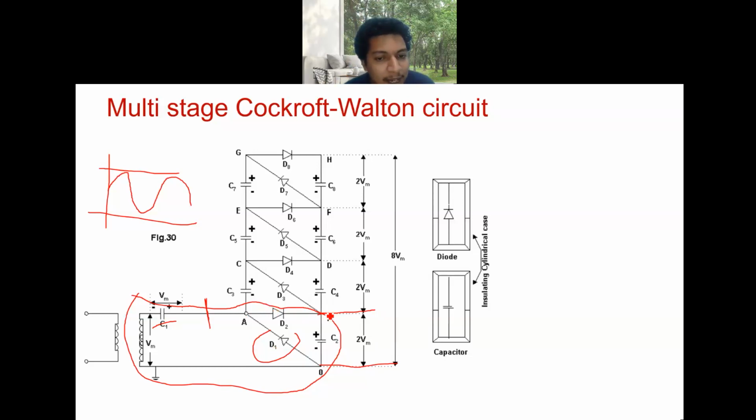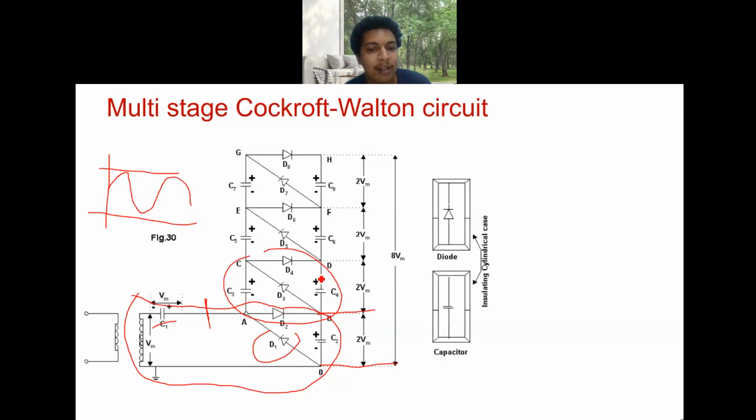So once you have this 2 Vm here, similar to the single stage circuit, we are adding such circuits again and again on top of that. You can see at this point A you have a voltage which is varying from 0 to 2 Vm. So on that you are adding C3 here, and similarly C5, C7, and you have the other part of the circuits here.